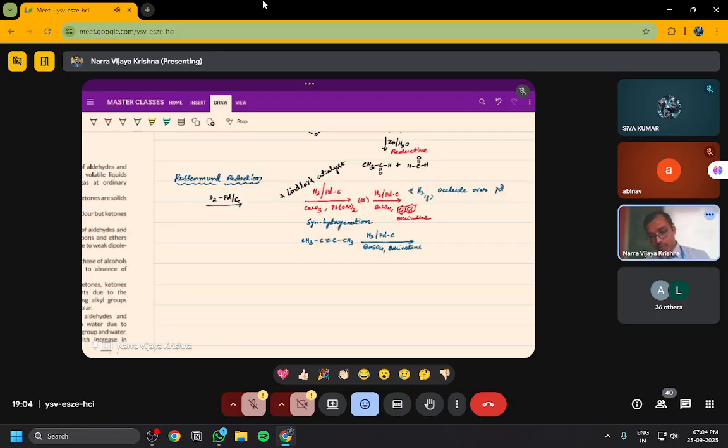Now what should happen? Both hydrogens should be added on the same side, right? But complete reduction will not occur, only partial. That's why it is called controlled catalysis. We call this barium sulfate quinoline a catalytic poison.